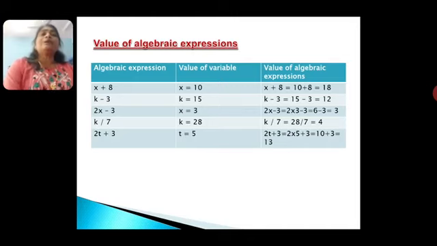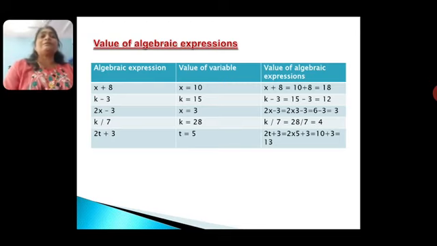Similarly, next example, k minus 3. For the value of k equal to 15, the value of expression k minus 3 equals 15 minus 3 gives 12. 2x minus 3. For x equal to 3, the value of expression 2x minus 3 equals 2 into 3 minus 3, gives 6 minus 3 equals 3.